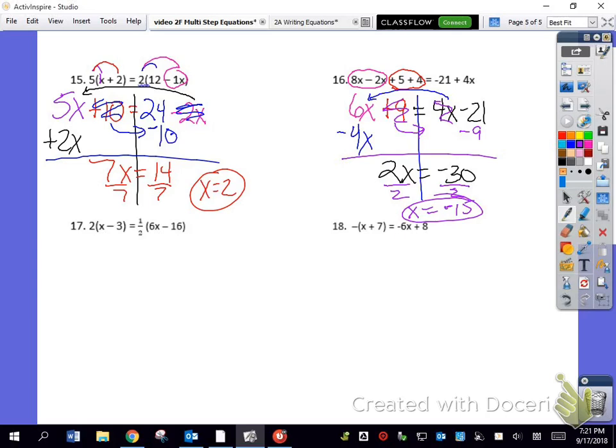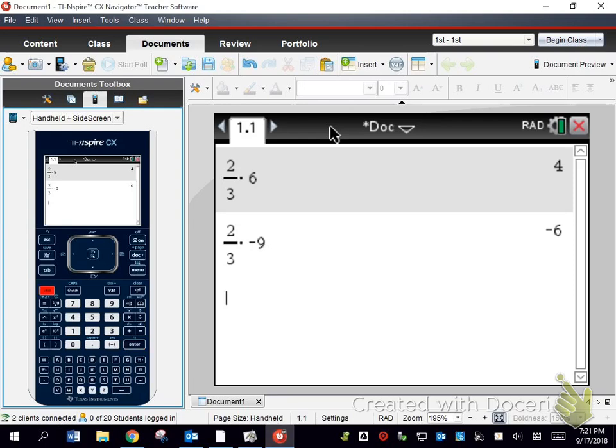Now at 17, you have distributive on both sides. So I have to distribute 2x, and I have to distribute 2 times negative 3, which is negative 6, equals, and then you have to do 1/2 times 6. So again, make sure you do control divide, 1 over 2, and then you've got parentheses 6.